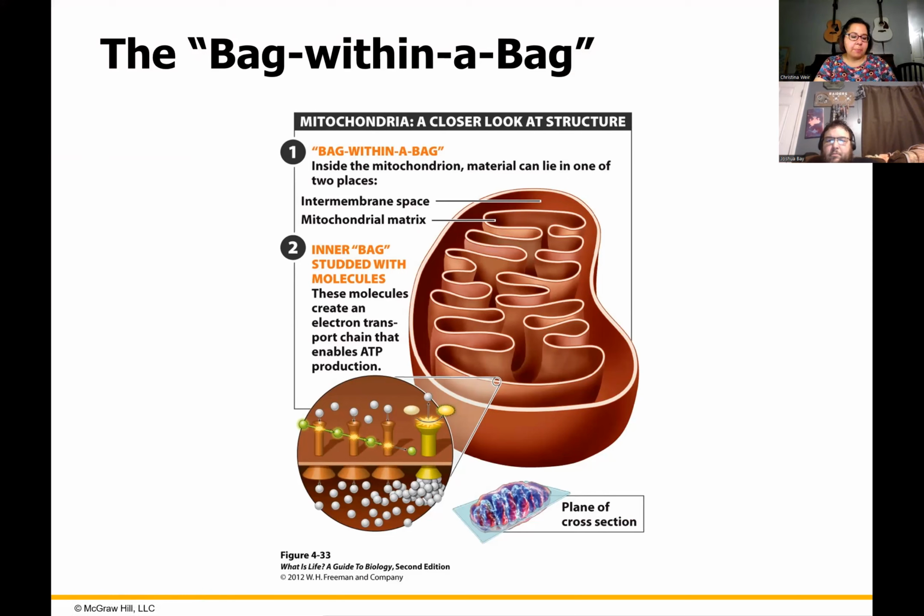You might remember from a previous video that mitochondria are thought to be remnants of bacteria that somehow were incorporated inside of eukaryotes. And when they were incorporated, Mother Nature scooped out the guts, so to speak, of bacteria. She kept the bacterial plasma membrane and then wrapped a eukaryotic membrane around it. So that's why it's kind of a bag inside of a bag.